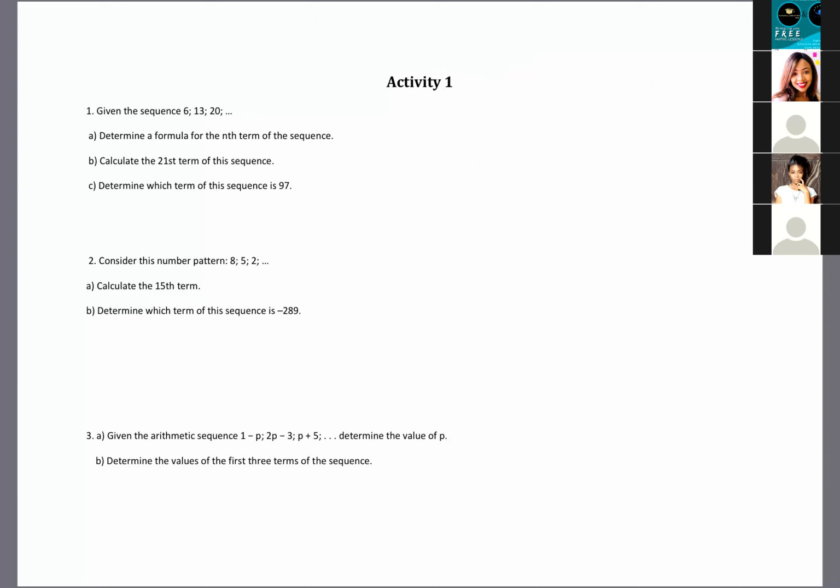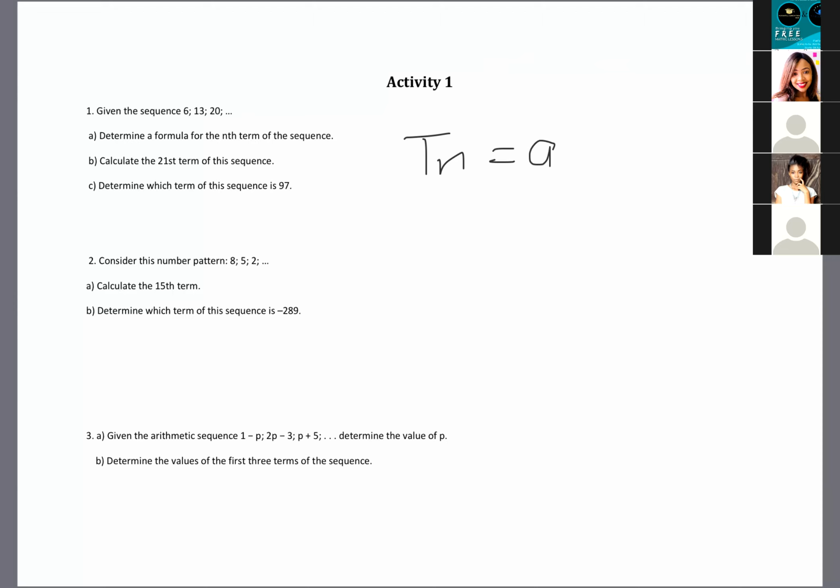Now in question 2, it says consider the number pattern 8, 5, 2, and then it says calculate the 15th term, right? But before we can calculate the 15th term, I know that I have to first figure out what my general equation is. So what did I say is the first thing you have to figure out when you want your general formula?